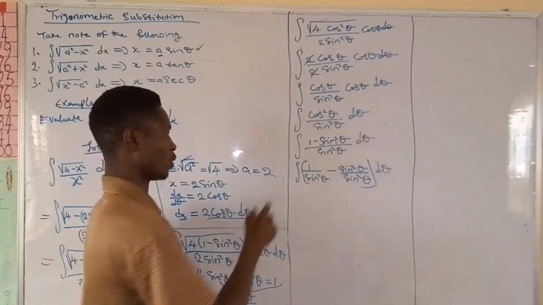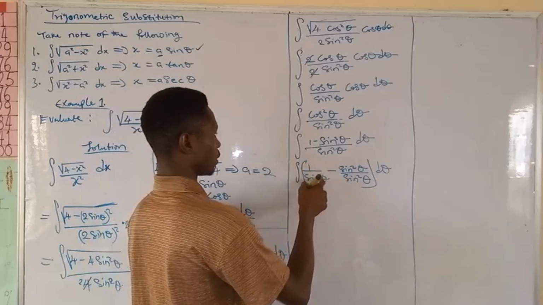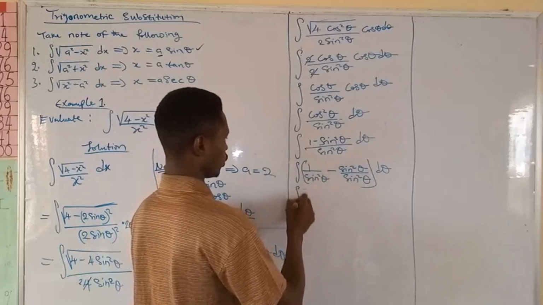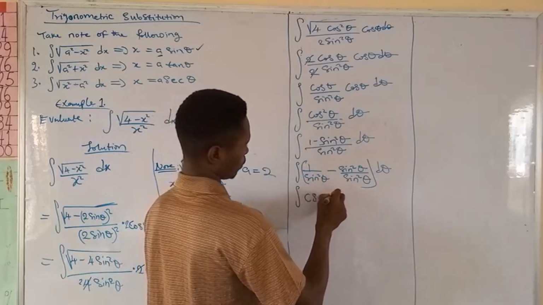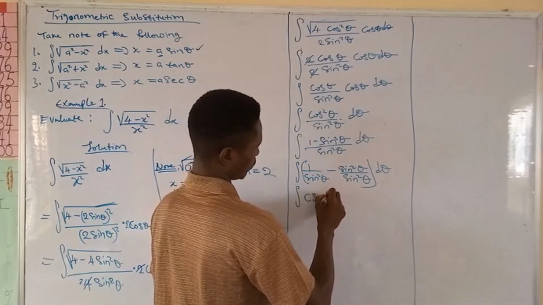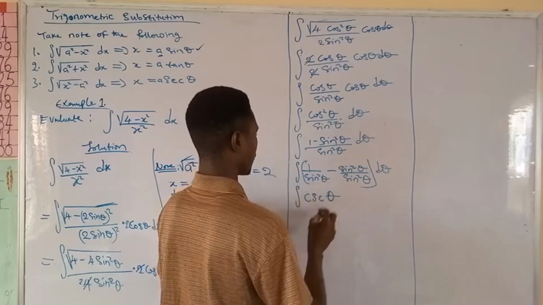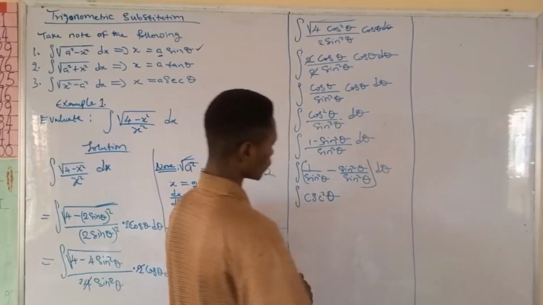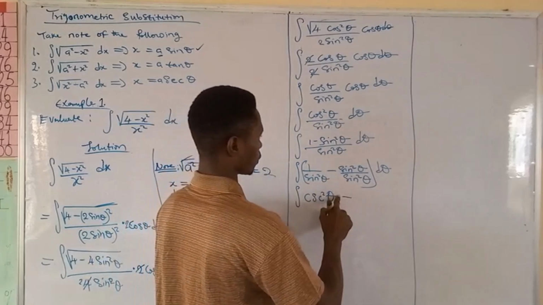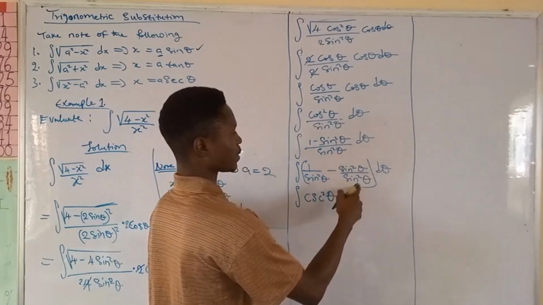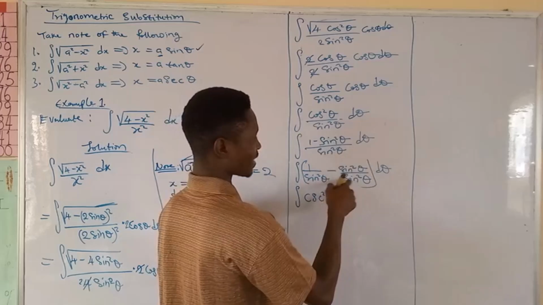Okay? So this is an identity which will give us cosec square theta minus, this is sin square theta over sin square theta.